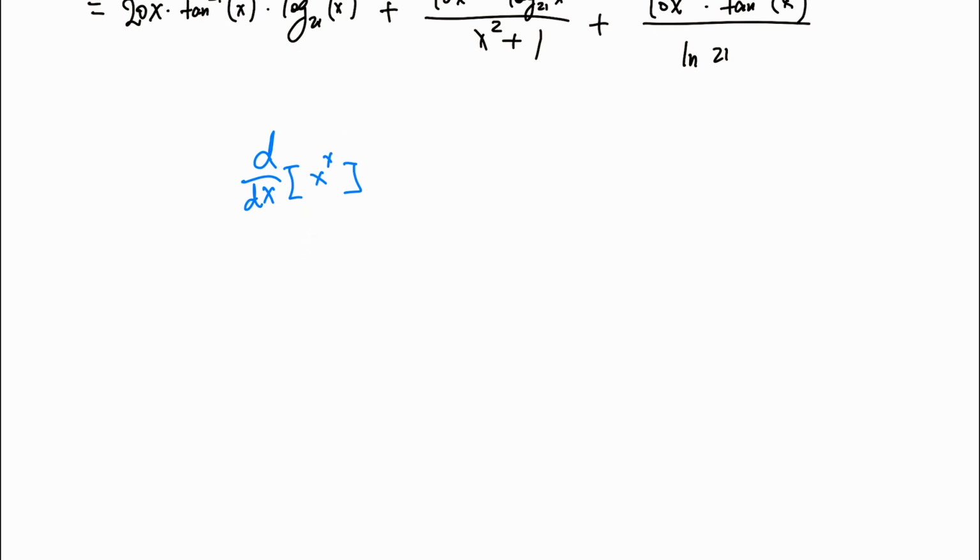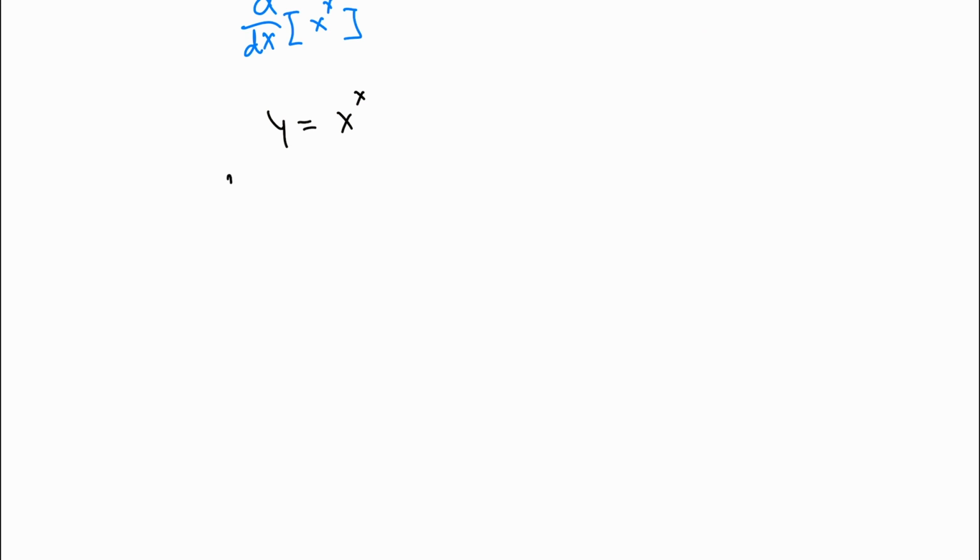Obviously, that is taking the logarithm. We can get rid of the exponent. If we set y equal to x to the x and take the natural log on both sides, we can get that x out in front.